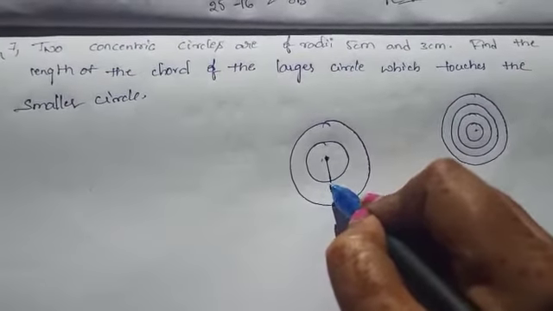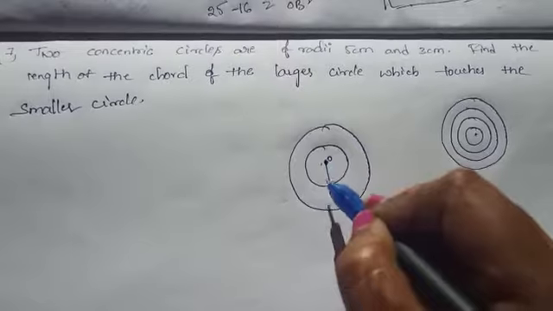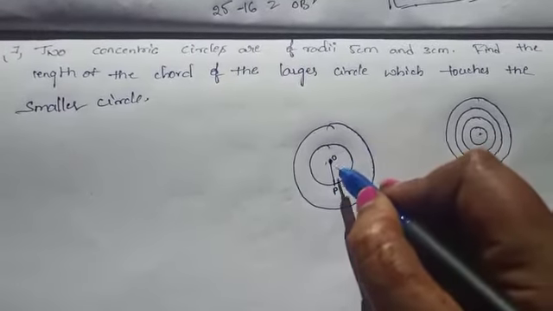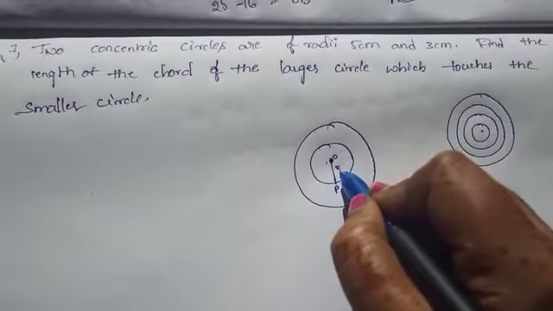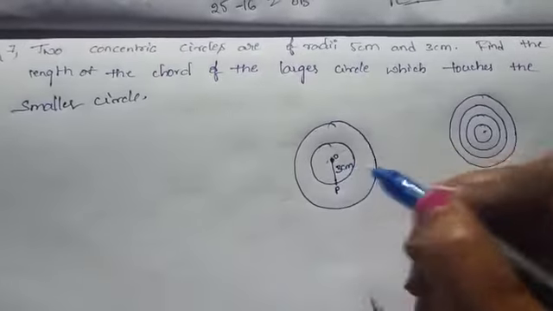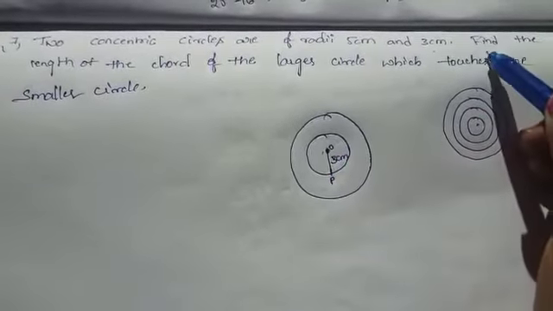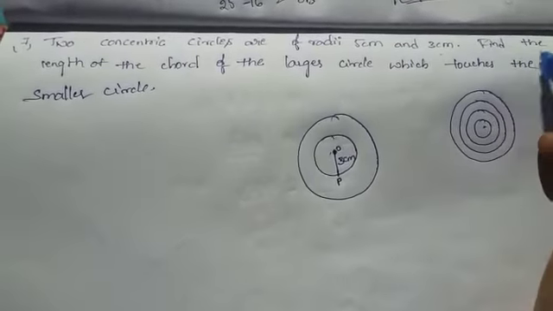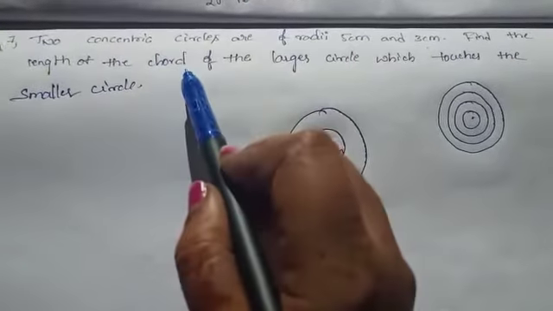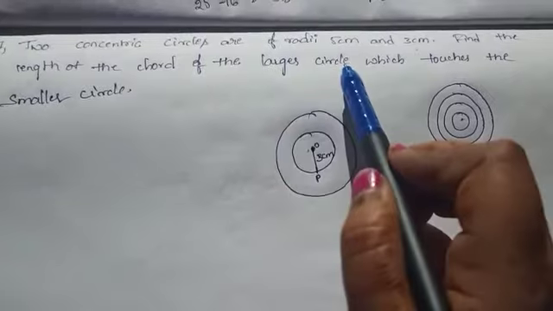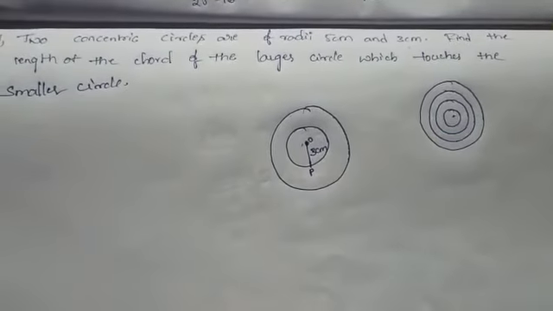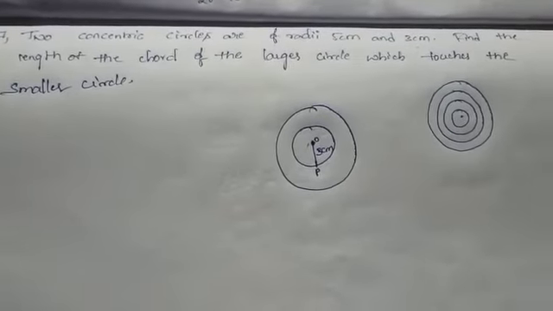Let P be the point, OP is the radius of the smaller circle which is 3 centimeters. And here we have to find the length of the chord of the larger circle which touches the smaller circle.